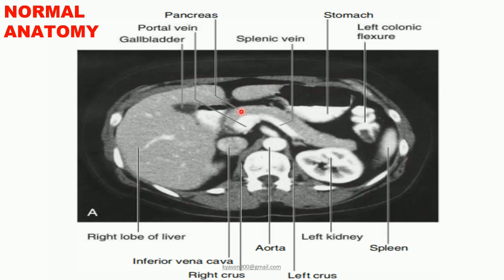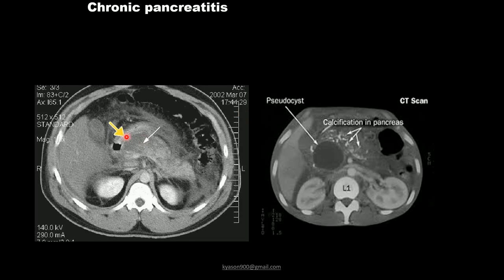But if there is chronic pancreatitis, the margins of this organ cannot be well appreciated. That's a sign that there is chronic injury, chronic inflammation going on. Okay, and we said it's possible to have stones within the gland in patients with chronic or long-standing pancreatitis. Pseudocysts can form in patients with chronic pancreatitis.